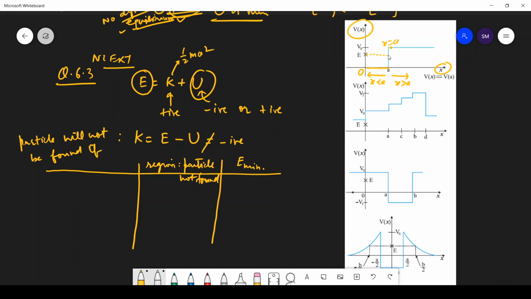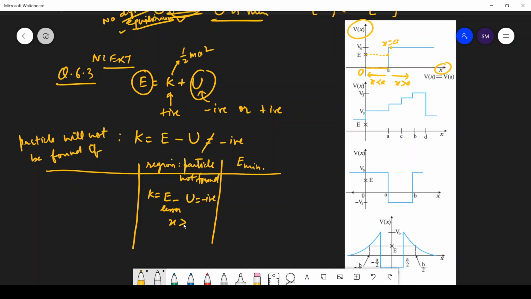But for x greater than a, the potential energy is greater than the total energy. K is equal to E, which is lesser, minus U, which is greater, so the answer will be negative. So this cannot exist.